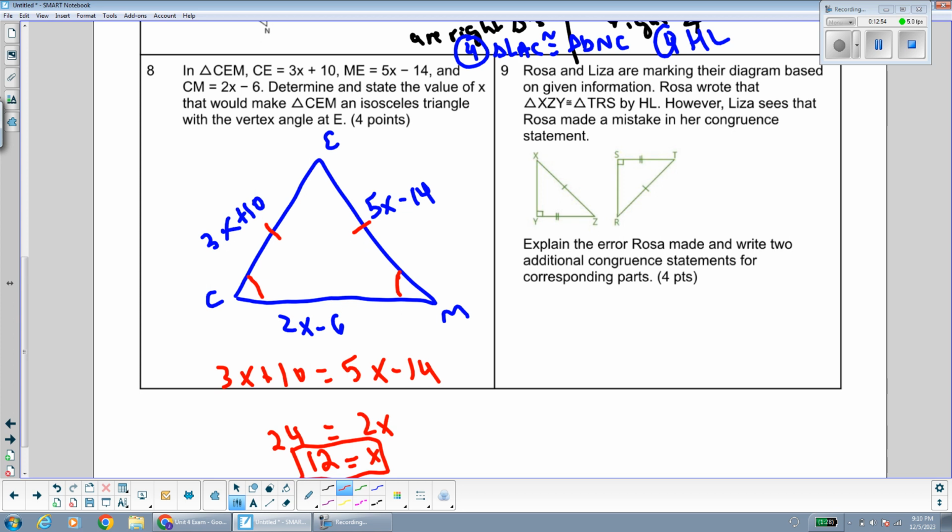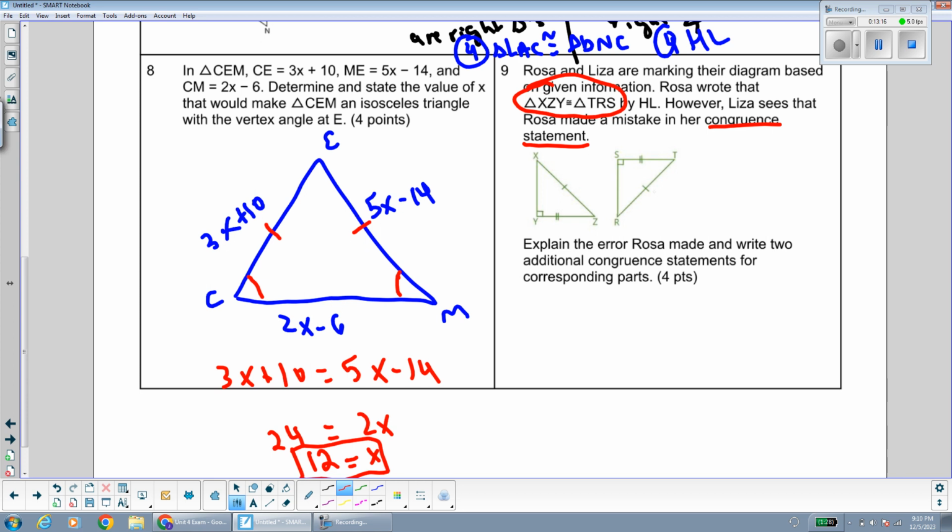Rosa and Liza are marking their diagram based on given information. Rosa made a mistake in her congruent statement. So this is her congruent statement where it says something is congruent to something else. So her method is not the error. It's her congruent statement. So it's the order of her letters.